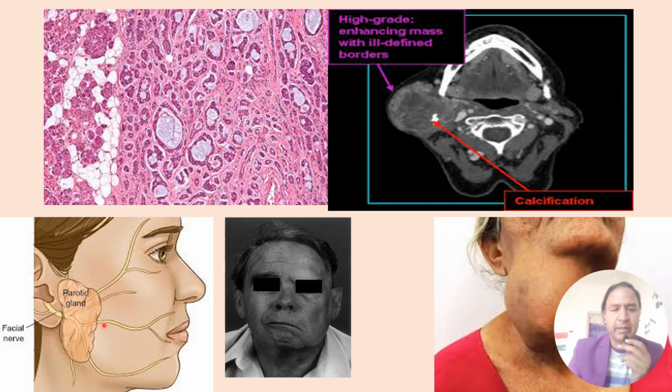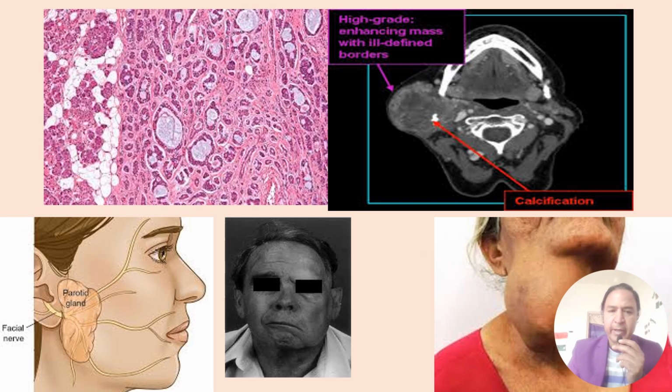This tumor is an infiltrative tumor, and it has the property of neural invasion. It invades the nerves, and you can see this gentleman has developed left side palsy. Then you can see this lady, she has developed a very huge mass of adenoid cystic carcinoma of the parotid gland.